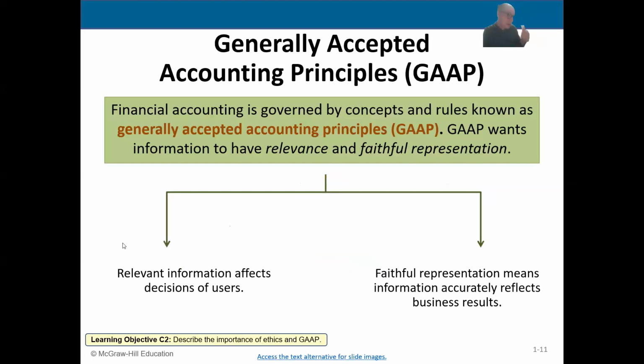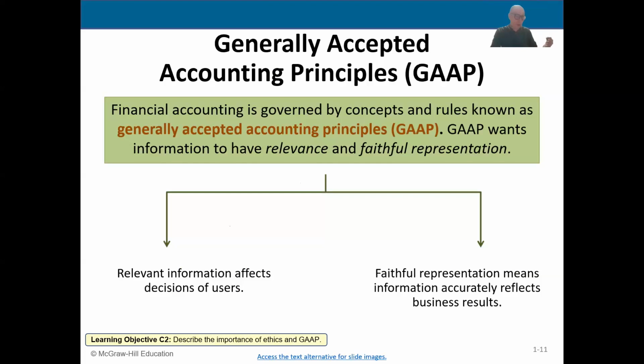Here in the United States, our accounting is governed by what we call the generally accepted accounting principles. This is a set of four primary principles that helps to govern everything we do in accounting. It makes things uniform, very clear, easy to follow.